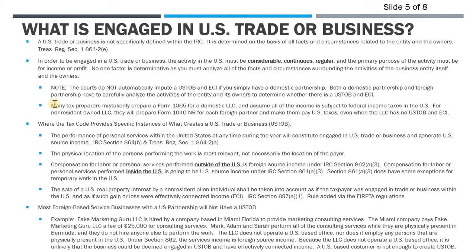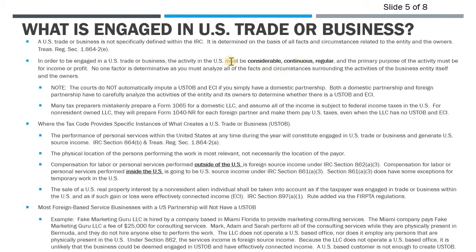So USTOB is not specifically defined anywhere in the tax code. It's one of those things where it's referenced here and there, but there's really no clear-cut rule or standard. Now, what we do have is a handful of tax court cases, right? This has been litigated in the past, not too often. A lot of these cases are 40 years old, 40 plus even. But the language used in a lot of the court cases is this standard here.